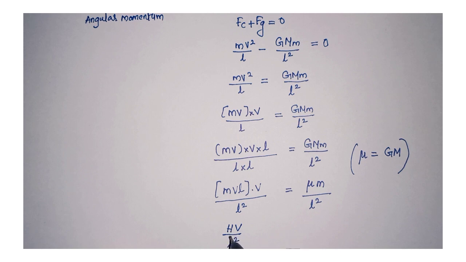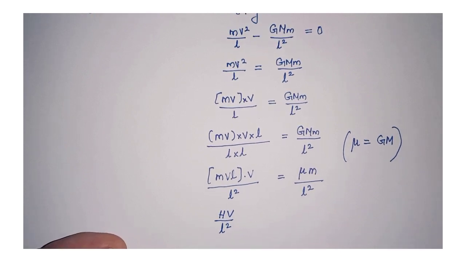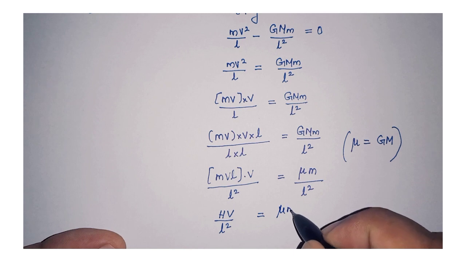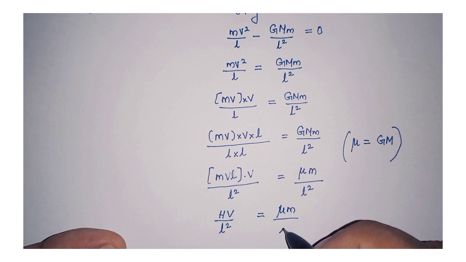Even if you want to use small h, it's fine, but then I need to make some corrections, so I don't want to do that. So we go with Hv by L square, which is equal to mu into m divided by L square.